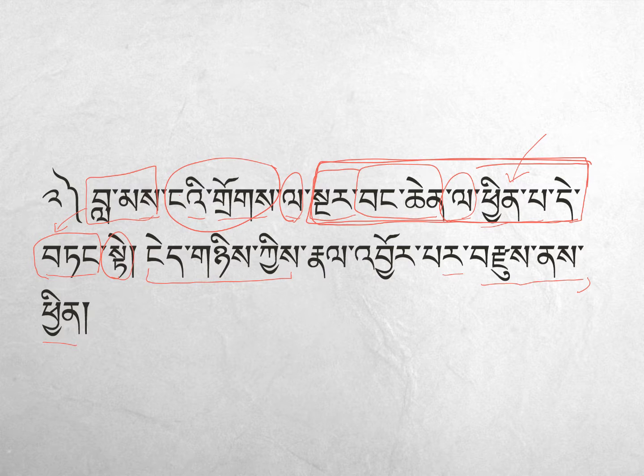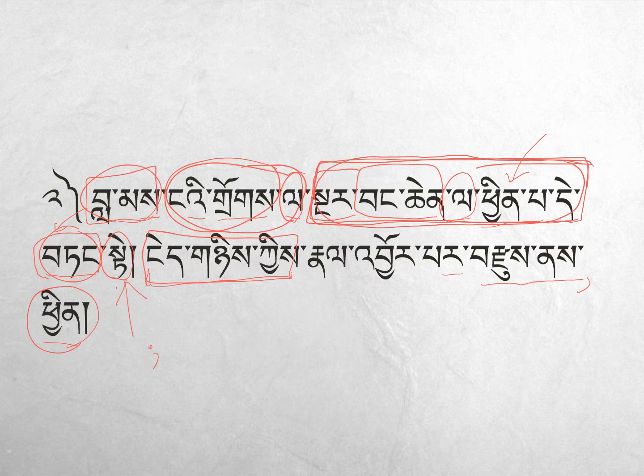So Milarepa's going on a trip. The Lama sent that one who went previously to my village as a messenger as my friend or companion. And then this continuative particle you could translate as something like and then, or often it's just a semicolon. So it depends on how you do the English. And then we two, the two of us, in the agentive case, the two of us went.